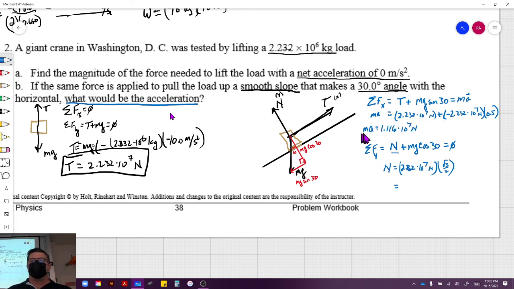But our mass over here is this 2.232 times 10 to the 6th kilograms, right? So our acceleration is going to equal 1.116 times 10 to the 7th newtons over 2.232 times 10 to the 6th kilograms.